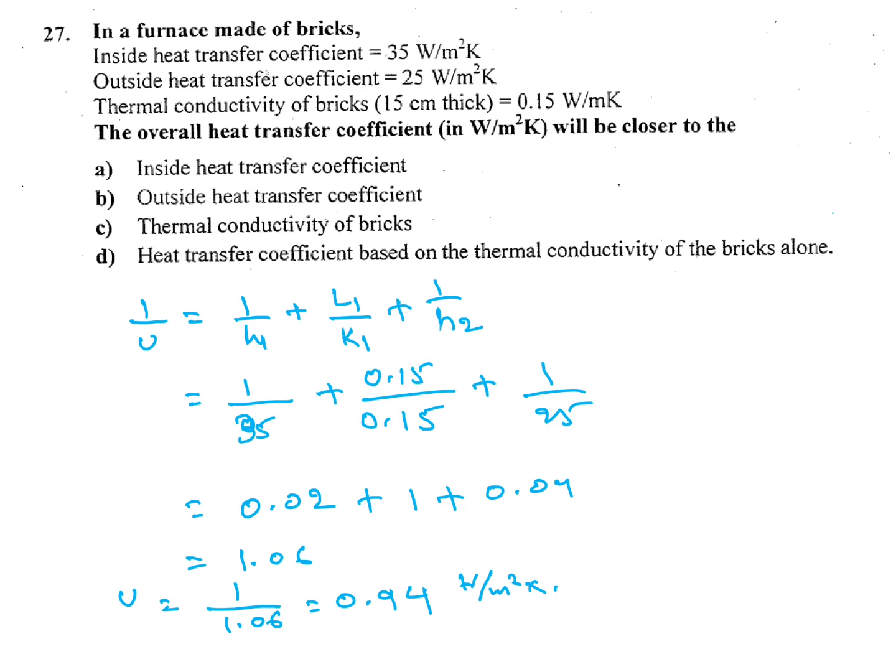So it's closer to the inside heat transfer coefficient. It's 35, but we got 0.94, so A is not possible. Outside heat transfer coefficient, it's 25, also not possible. Thermal conductivity of bricks, it's 0.15, but we get 0.94, so it's also not possible.